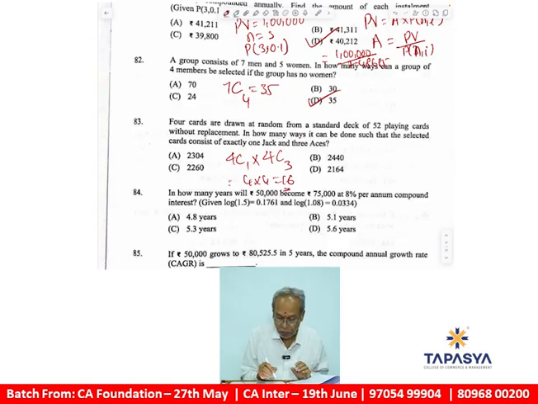Maybe the question might be incomplete, or it can be in probability, or sometimes the author's question might be lacking something here.